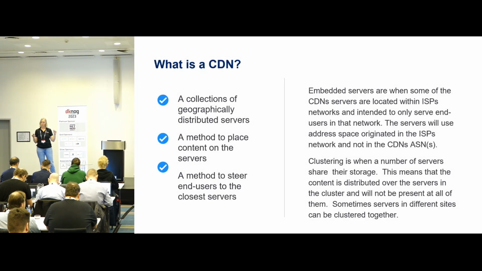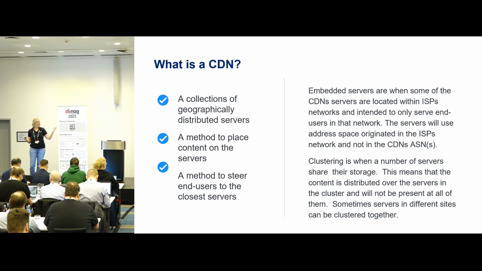First of all, just to make sure we have the definitions right, what is a CDN? From a helicopter view, it's just a bunch of servers sitting in a distributed geographical area. And it's a method to put content on the servers, and a method to get the end users, the consumers of the content, routed to the right server.